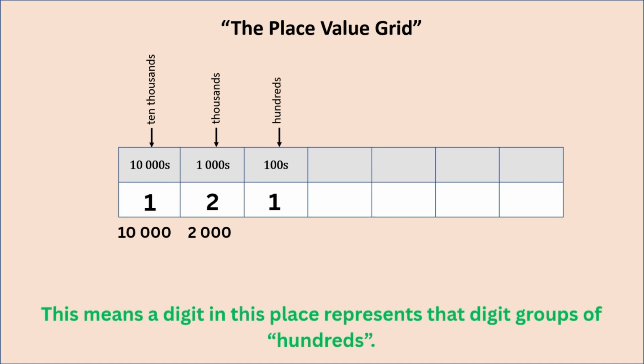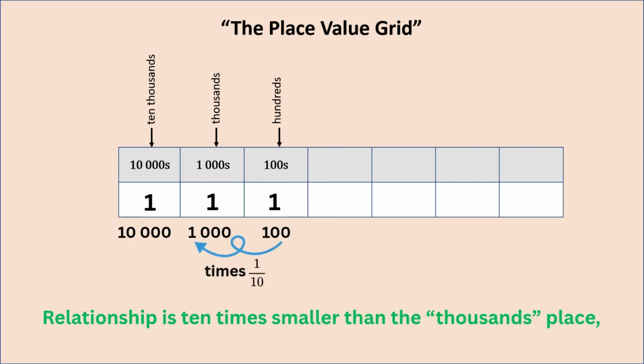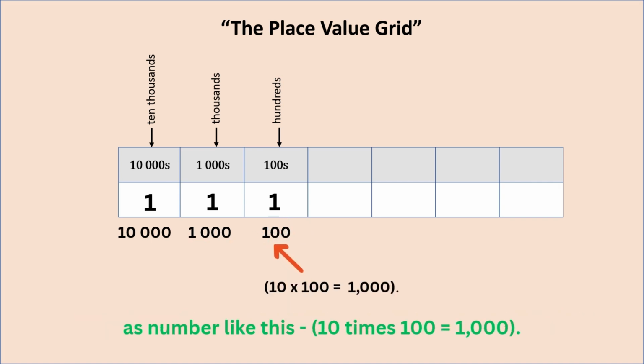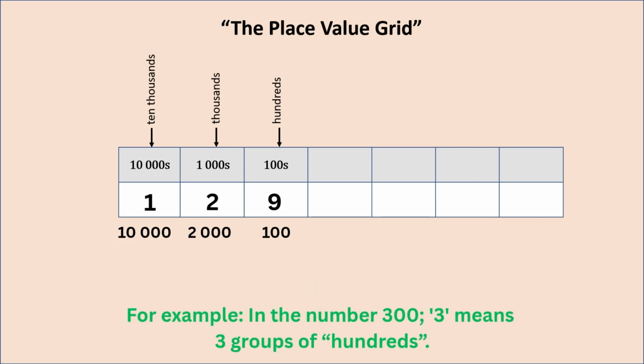Three, hundreds. This means a digit in this place represents that many groups of hundreds. The relationship is that it is 10 times smaller than the thousands place. As a number sentence, 10 times 100 equals 1,000. For example, in the number 303, 3 means three groups of hundreds.